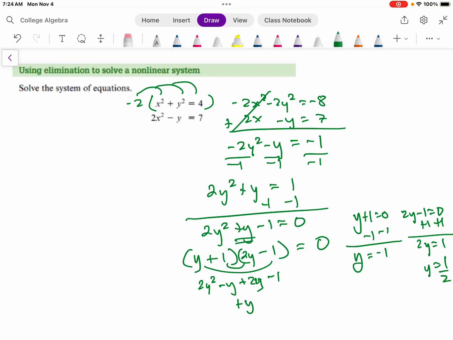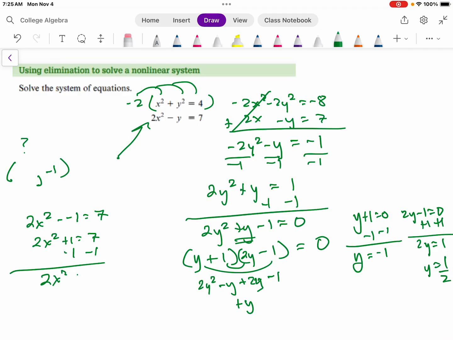So now I got those, so I have to figure out what the other solutions are to where they're touching. I'm going to go to the second equation first, and when I put in a negative 1, I have to figure out what the x is. So 2x squared minus a minus 1 equals 7. And that gives me 2x squared plus 1 equals 7. Subtract the 1: 2x squared equals 6.